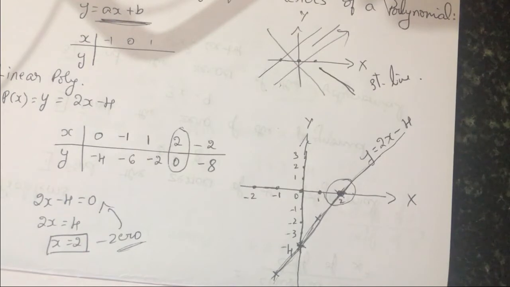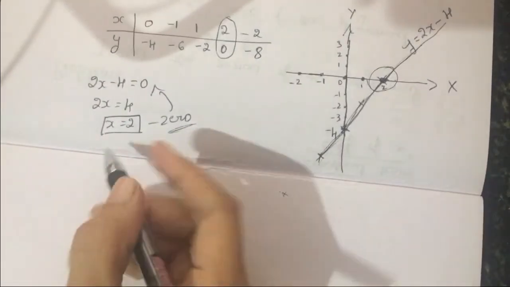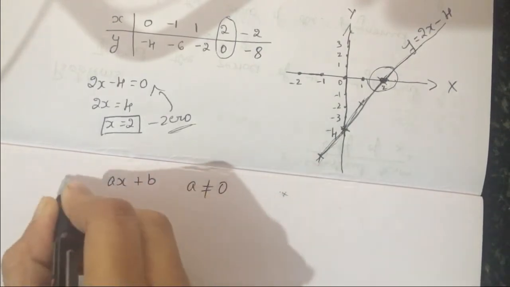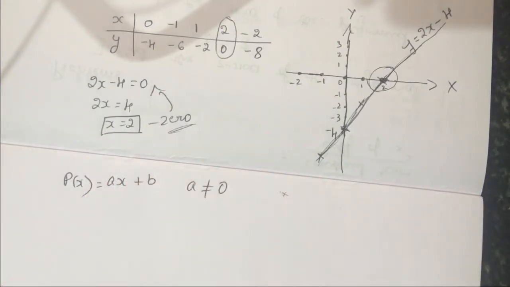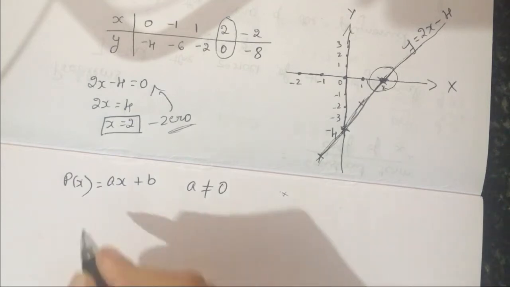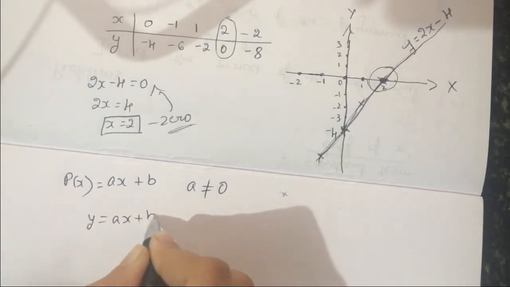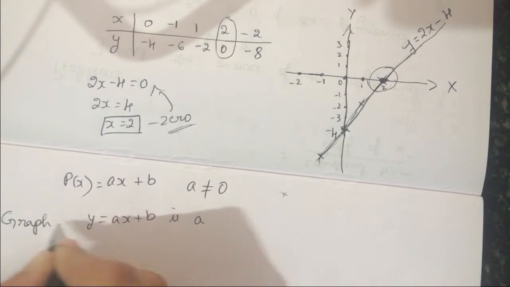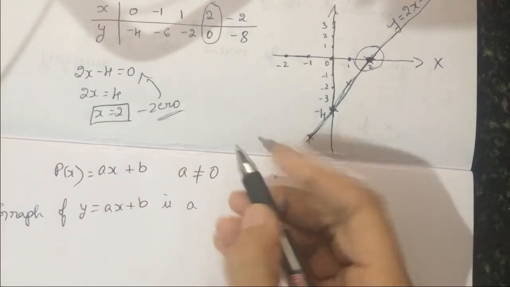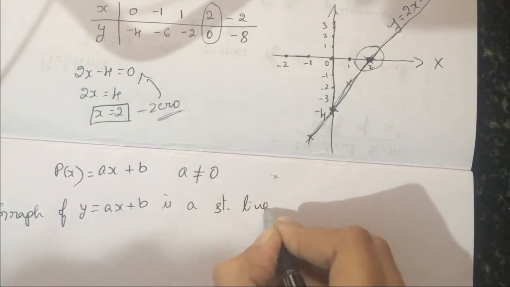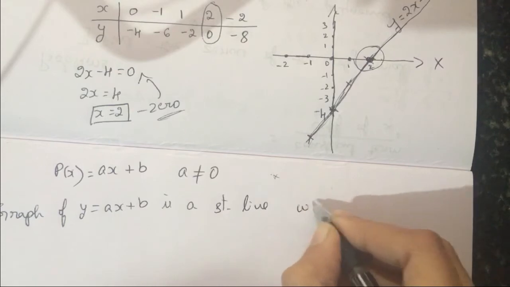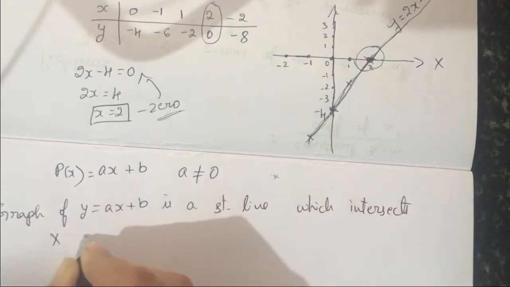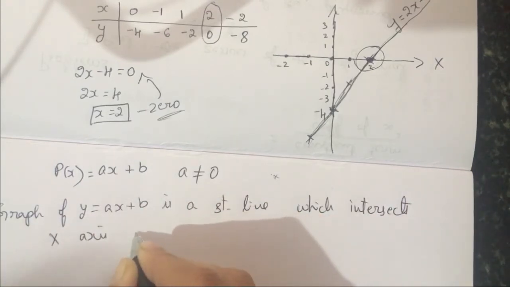So in general, for a linear polynomial ax plus b, where a is not equal to 0, the graph y equal to ax plus b is a straight line which intersects the x-axis exactly at one point.